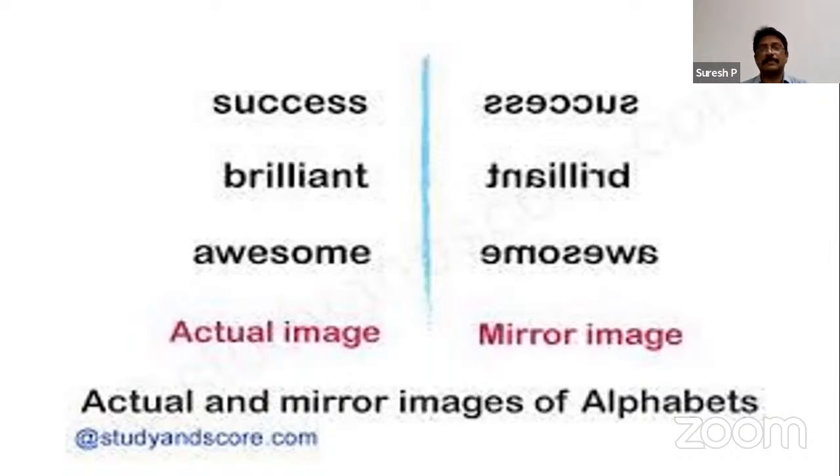Verbal is the maximum, and you have one more topic, with that the total syllabus of NMMS will be completed. That is counting figures. I will discuss counting figures in the next session. I hope you understand. So practice it. Definitely you will get the maximum.